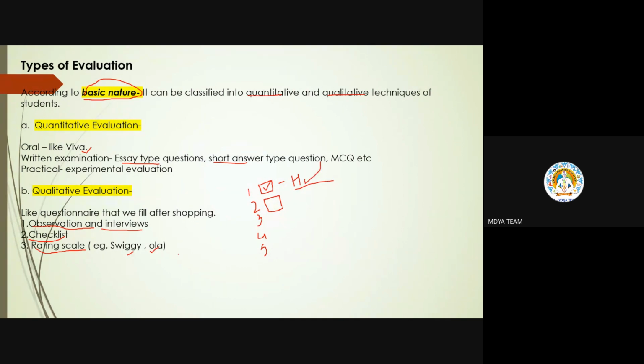So these are the checklists. These are the qualitative evaluation, and this is the quantitative evaluation. On the basis of nature, there are two types of evaluation.